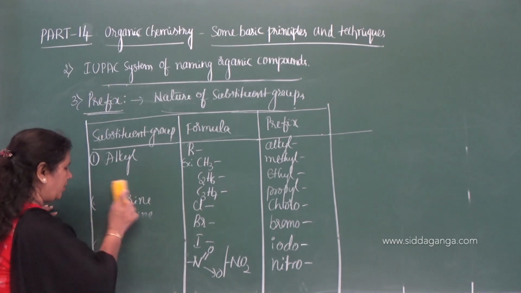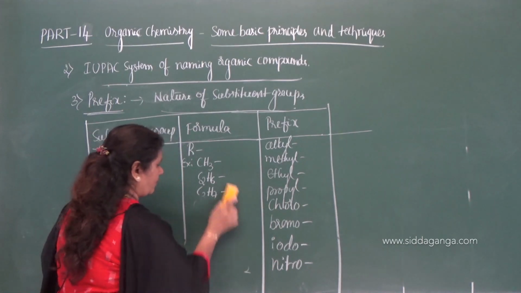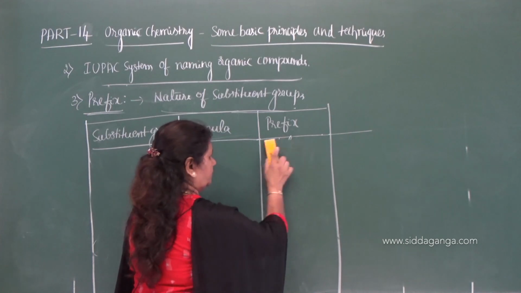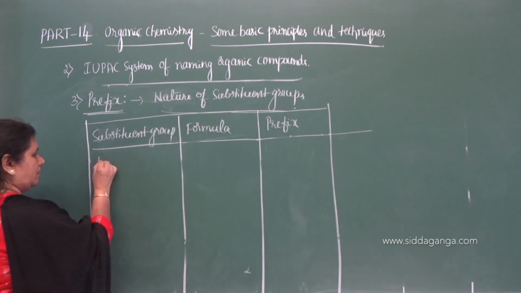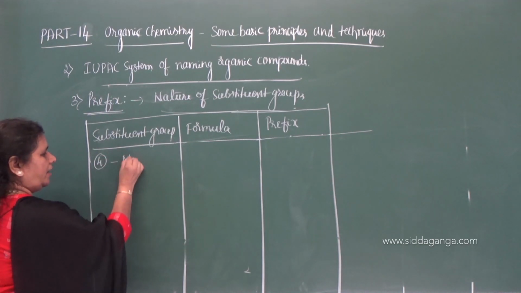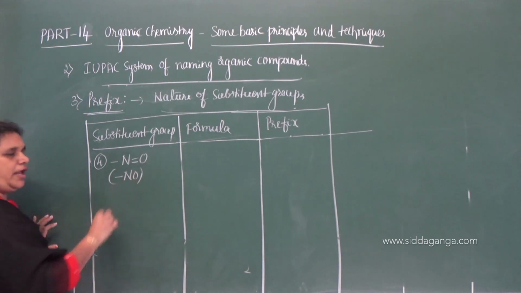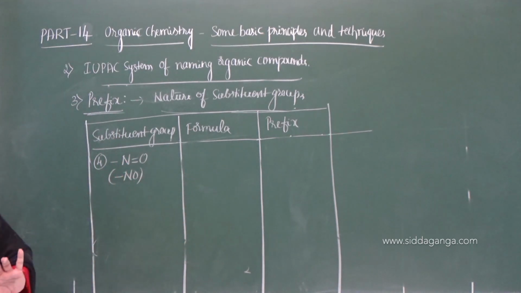Now move on to the fourth one. N double bond O, that is NO. N double bond O. So this is nitroso.